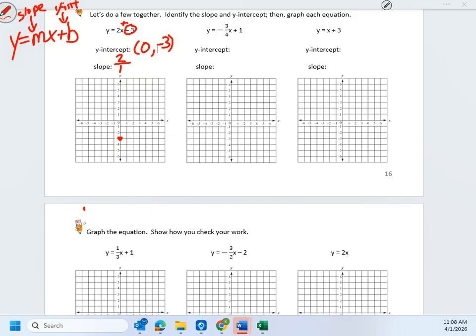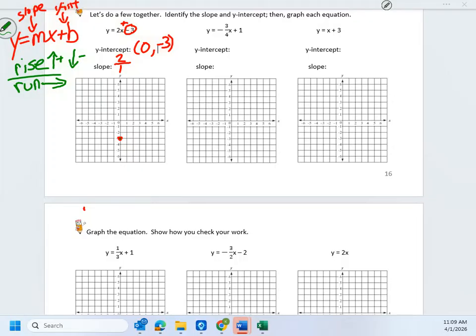Colton? Use the slope to get the second point. Remember, my slope is the rise over the run. The rise goes up if it's positive, down if it's negative. My run, we're going to go to the right. So I'm going to start at my y-intercept.